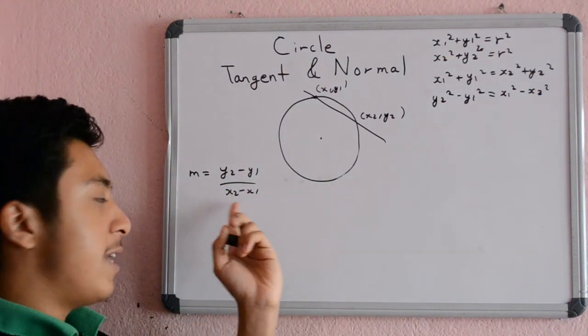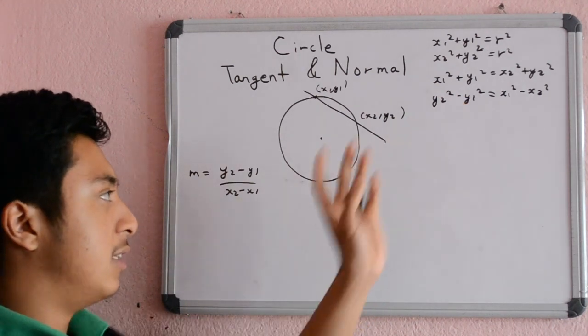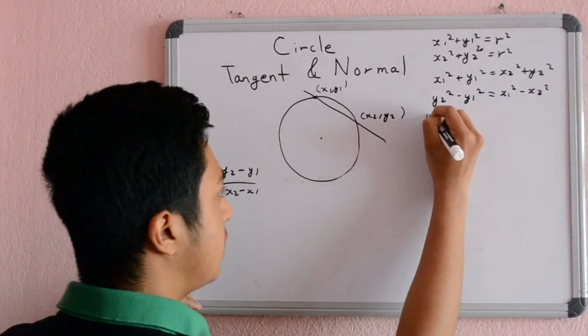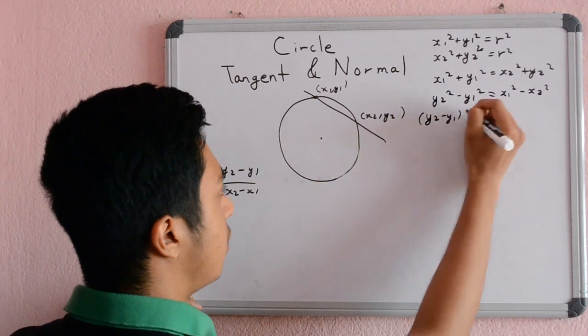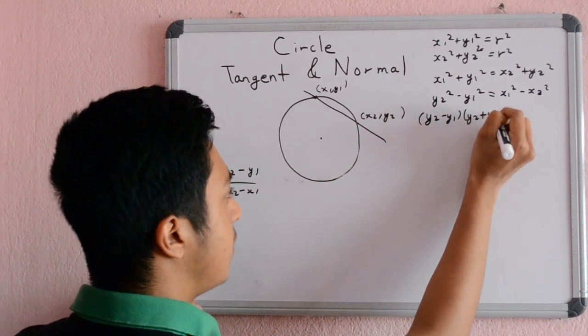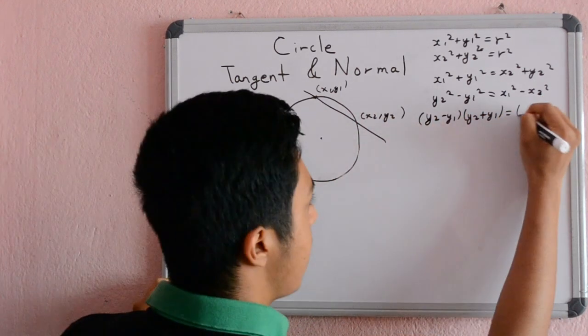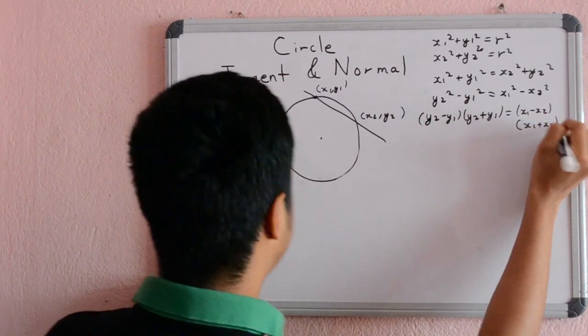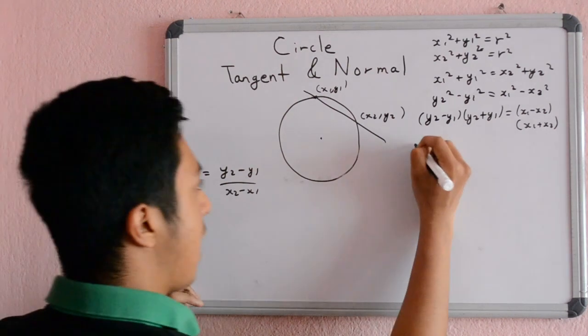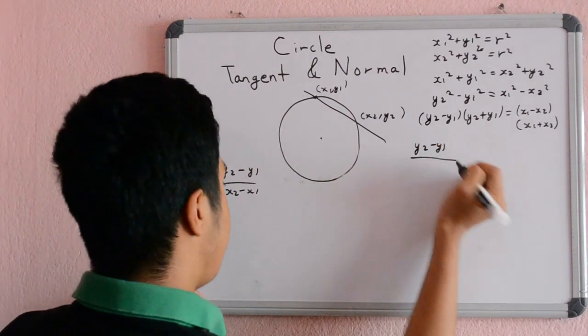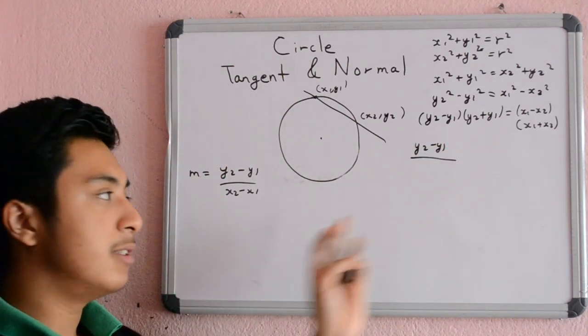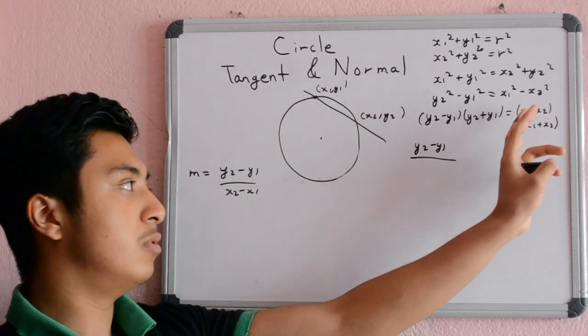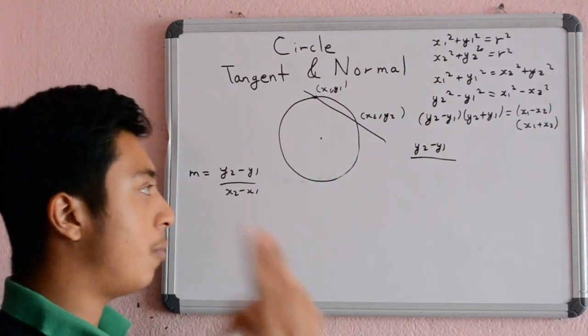And we can also obtain x2 minus x1 like this. So this is y2 minus y1 times y2 plus y1, and this is x1 minus x2 times x1 plus x2. We have y2 minus y1, and we want x2 minus x1, right? But we only have x1 minus x2. Well, it's simple, just take the negative common.